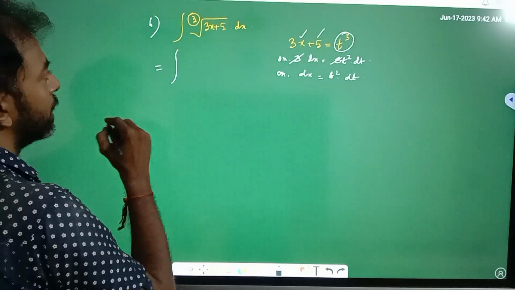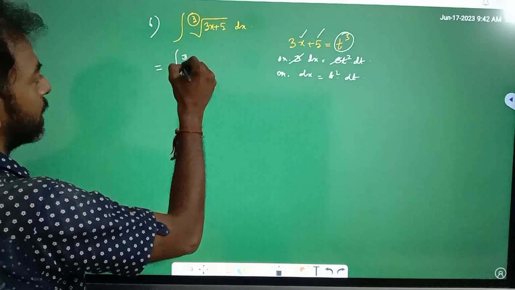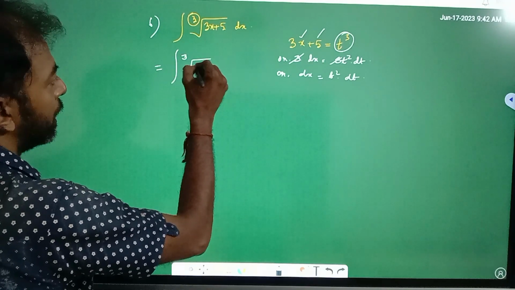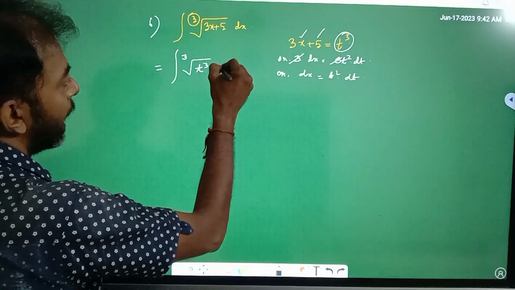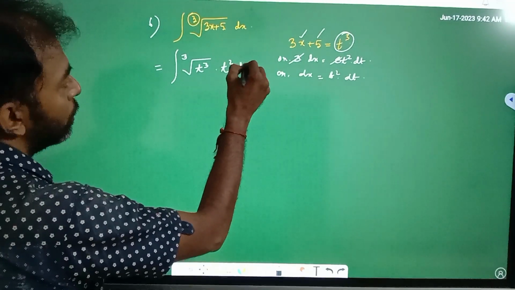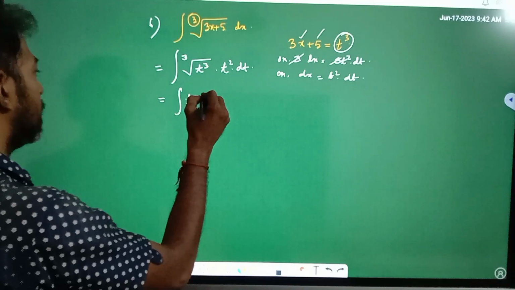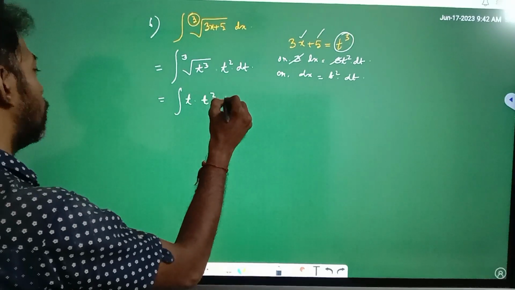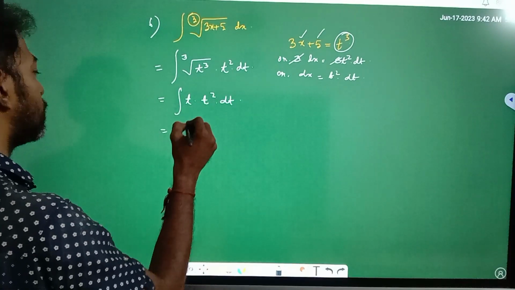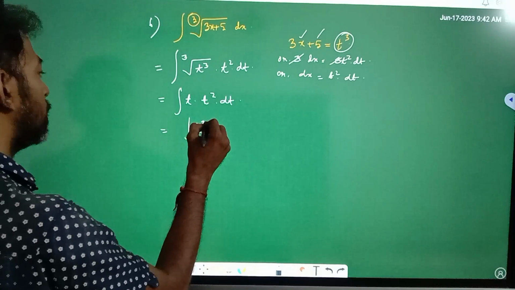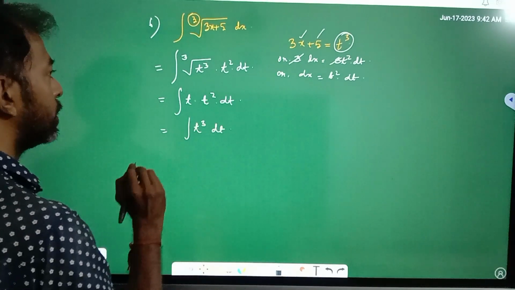Now we substitute this value. So what will be the result? That will be the cube root of t cube into dx, t square into dt. Now the cube root of t cube is t, so t into t square into dt, and t into t square is t cube dt, right?